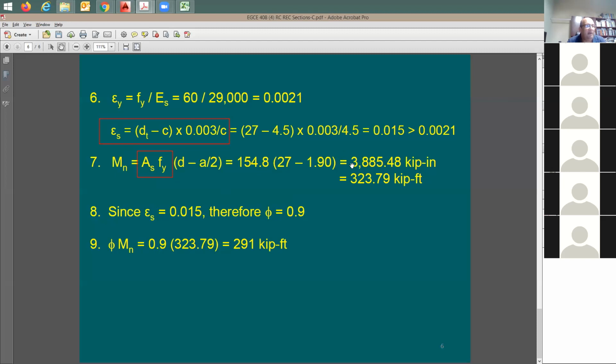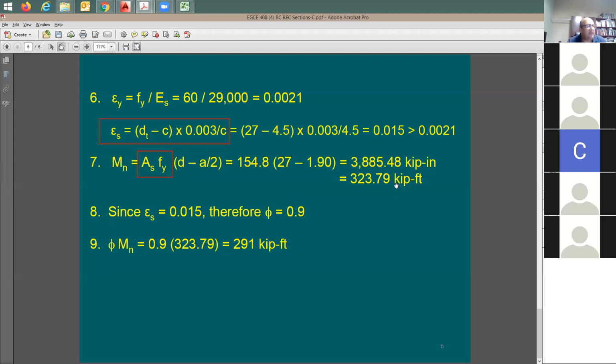Now I have Mn in kip-inches. To convert from kip-inch to kip-foot, should I multiply or divide by 12? Divide by 12. Yes, divide, because if you have inches, it means you have too many, and you'd like to reduce it to feet, so you divide, you don't multiply.